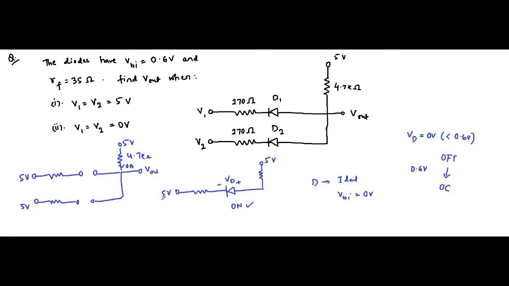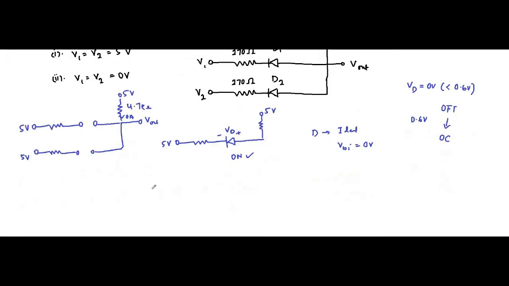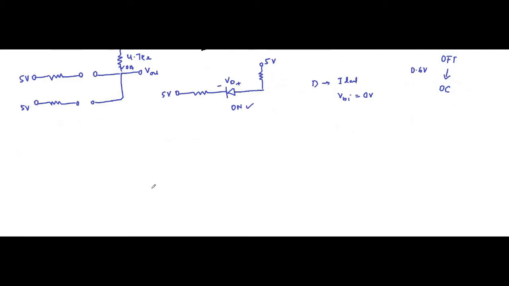So here the output will be simply, we'll apply KVL from 5 volt to V out. Just pay attention to this. In this case, here it is 5 volt, 4.7 kilo ohm, this is 5 volt, 0 ampere, this is V out.